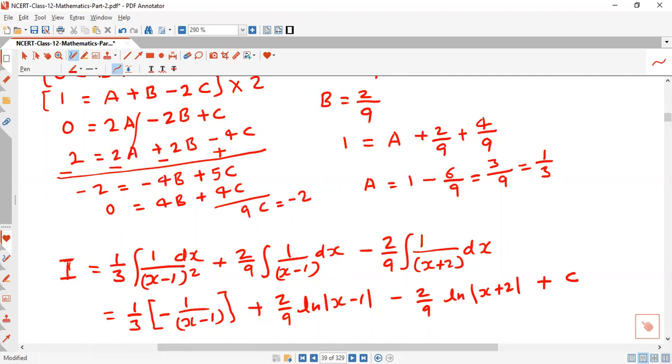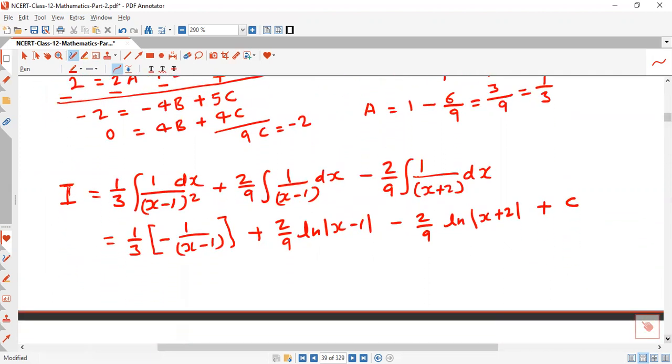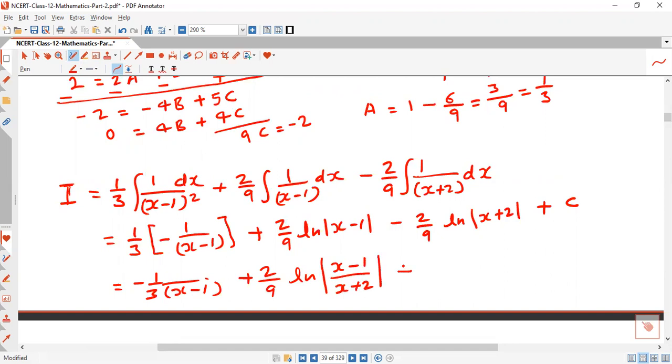The next two terms are log terms, so I will combine these two log terms. It is equal to minus 1 by 3 into (x minus 1) plus 2 by 9, I take common, log of (x minus 1) divided by (x plus 2) plus some constant c.